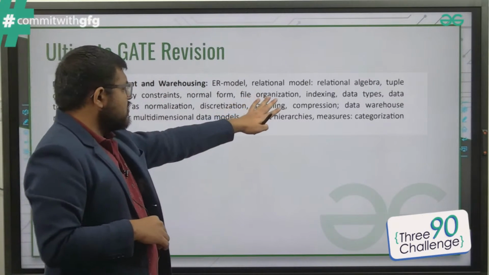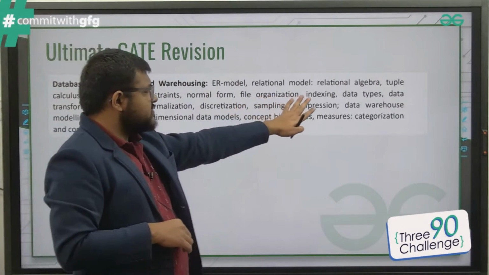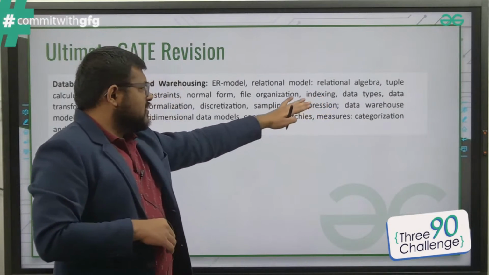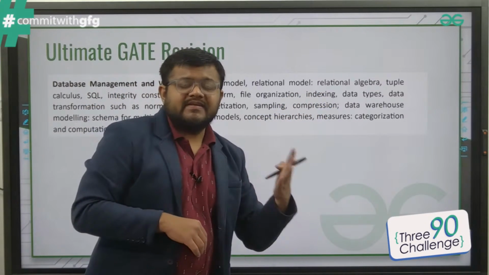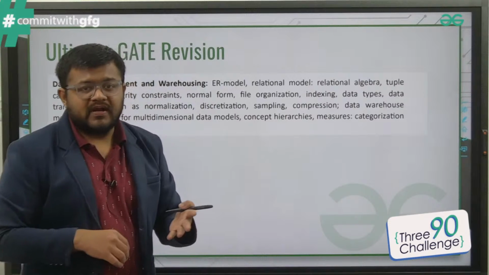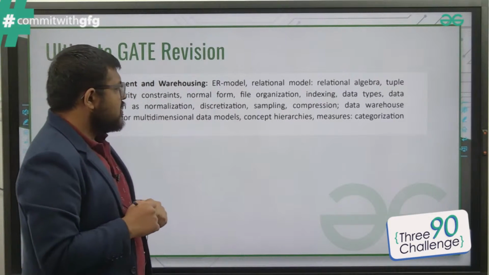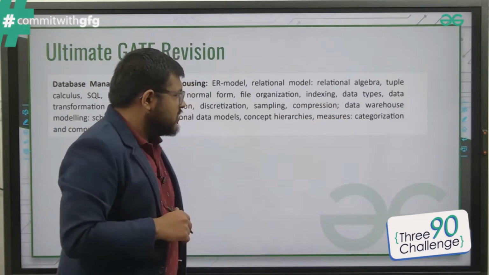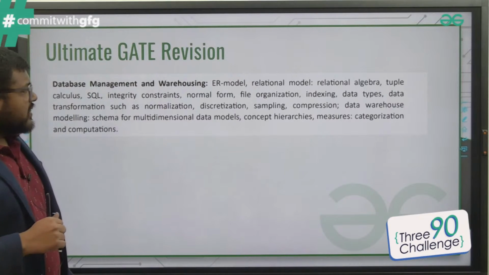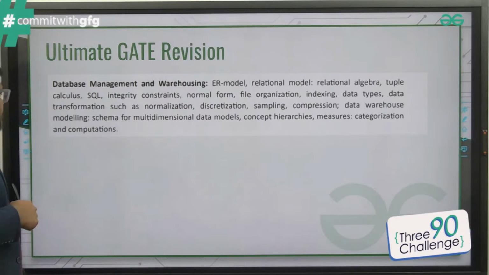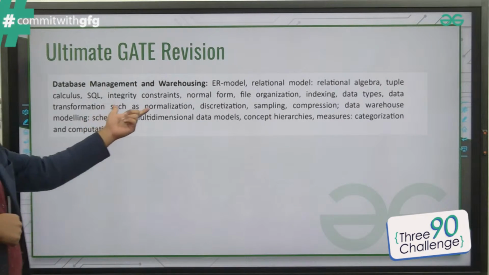Then there is file organization, how you organize the file. Then there is indexing. Indexing means you have primary index, secondary index, clustering index for better and fast retrieval of data. We'll also look at some questions based on that from previous year. Then you have data types, what different types of data can be there. Then data transformation such as normalization.